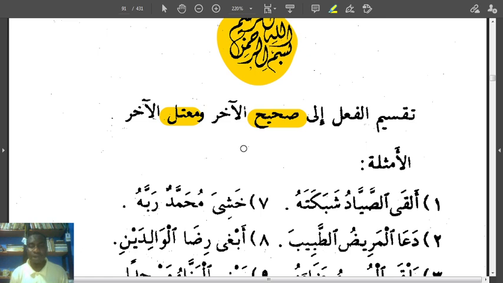Now back to grammar. When you hear صحيح, we mean consonants, the alphabets aside from alif, waw, yai. In the Arabic alphabets, when you take alif out, the stick, and you take yai out, sometimes written without the dot, and then you take waw out, the rest are called huruf sahiha.